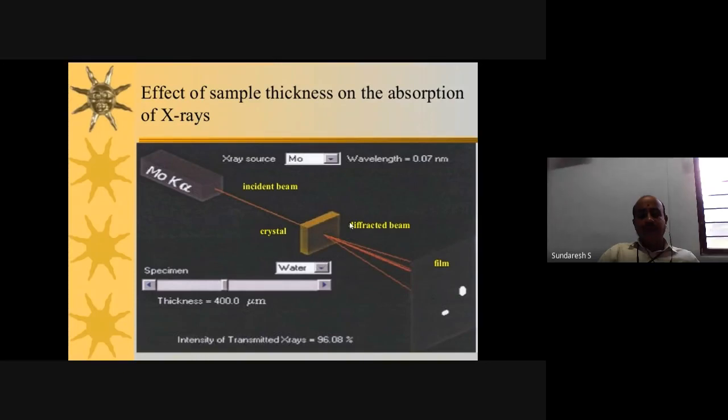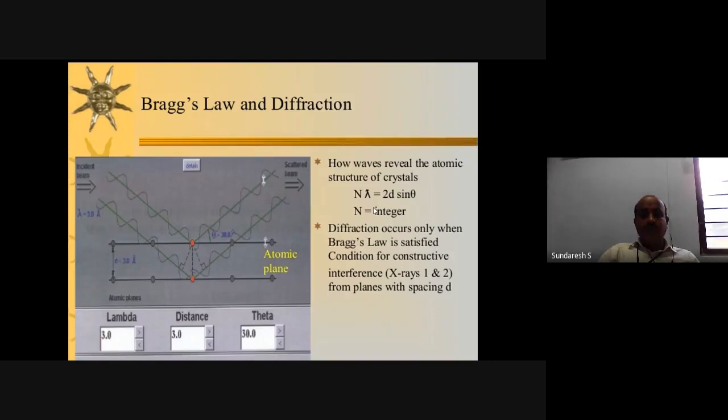Here we have a crystal, and this is the X-ray source. We have a diffracted beam, and that will be collected on a photographic film, where you get the diffracted beams.